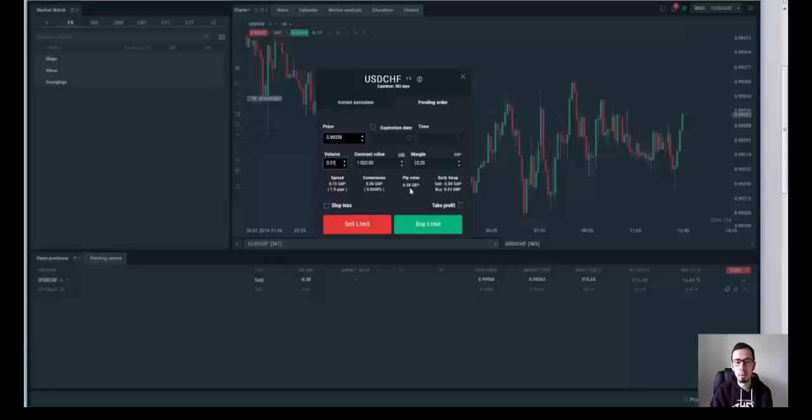These are 8 British pennies. This is the cost of 1 pip for this particular Forex pair, which is USD CHF in this example. As you can see, if I increase the volume, the pip size also increases. So that's the price for 1 pip.